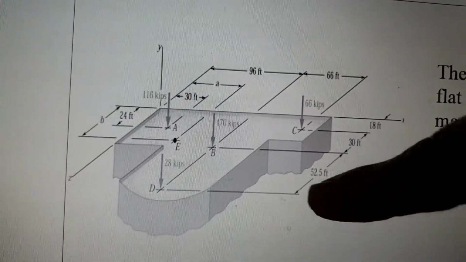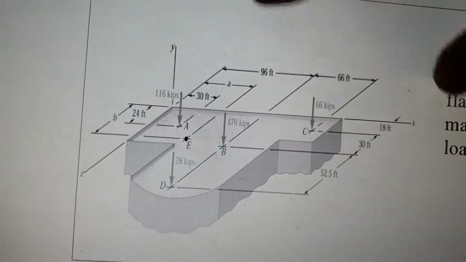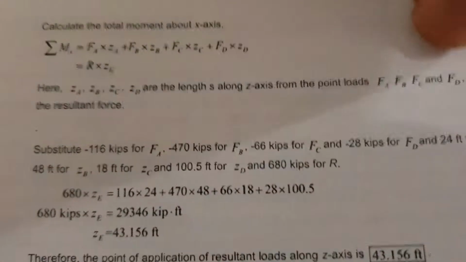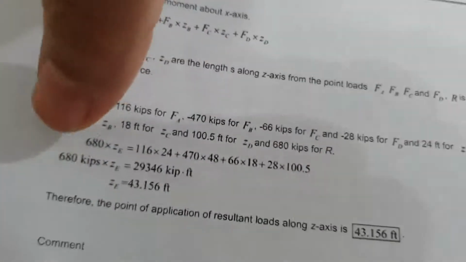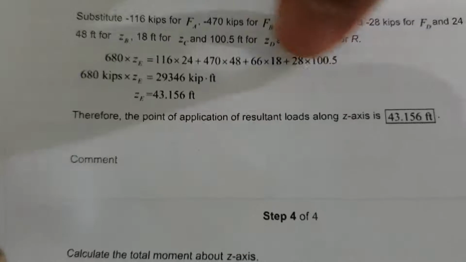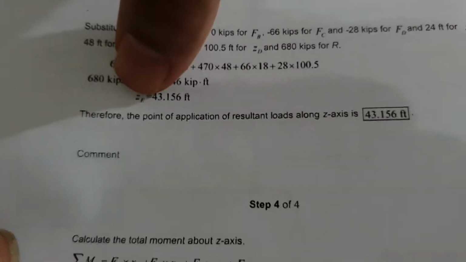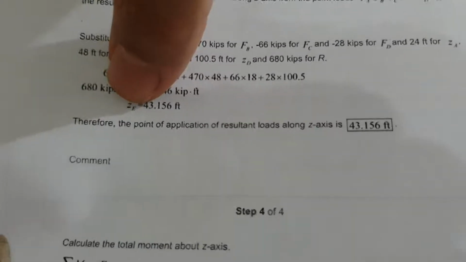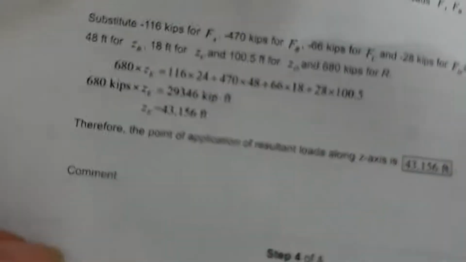If you sum up all these numbers, this is the distance on the z-axis toward the x. So we're going to do it as 28 times 100.5. So you do this calculation and you find the answer for z, and this is the point of application of resultant loads along the z-axis, 43.156.